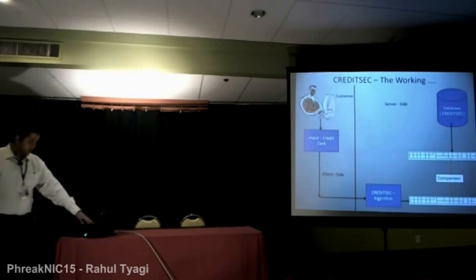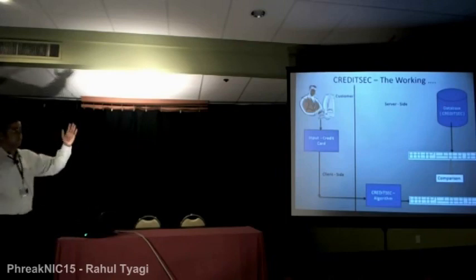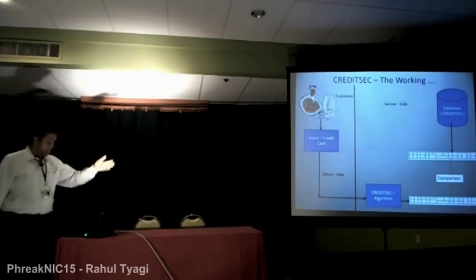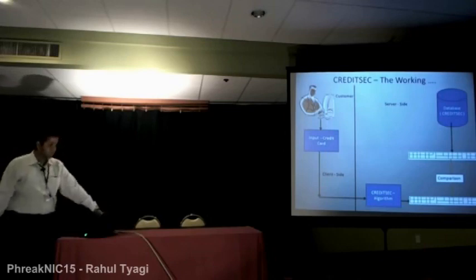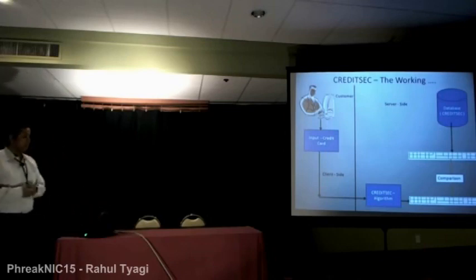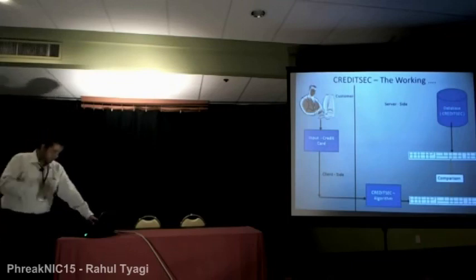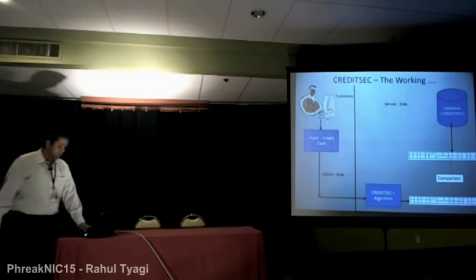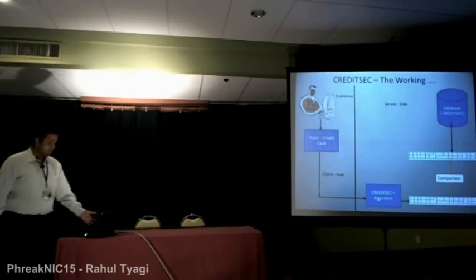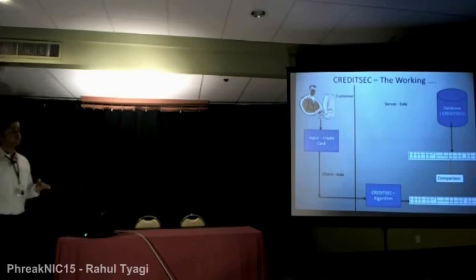The output image is generated initially when the customer makes the first transaction. The next time the customer makes a transaction, the credit card number is inputted, all on the client side. It goes to the algorithm and generates an image, and then the images are compared. If they match, the transaction goes through.